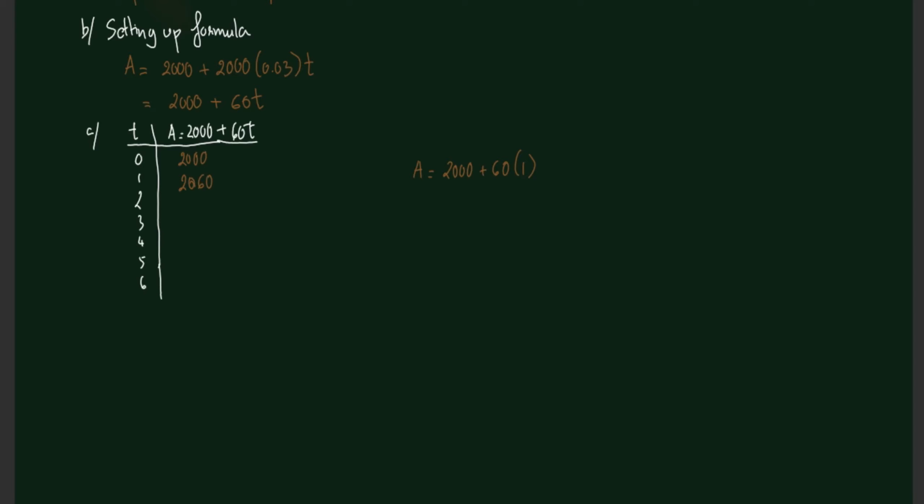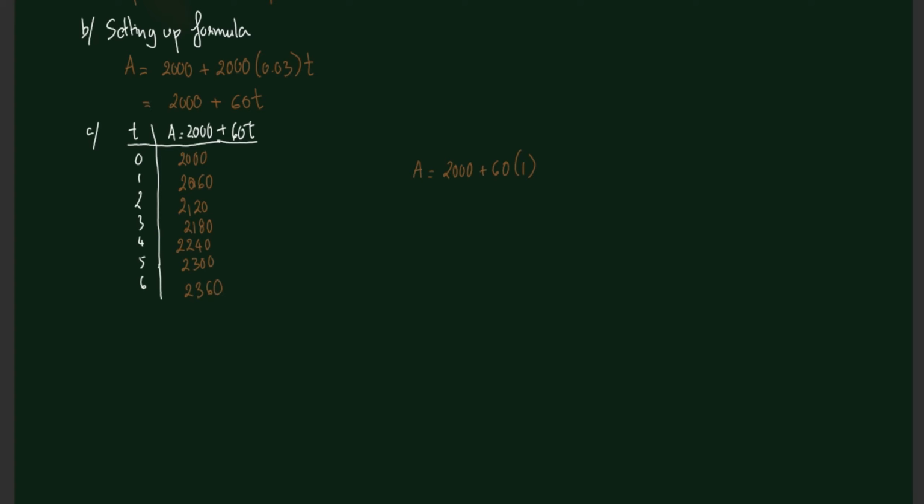And you do similarly for all the t. Then this will be 2,120 after 2 years, after 3 years will be 2,180, after 4 years will be 2,240, after 5 years will be $2,300, and after 6 years will be 2,360.